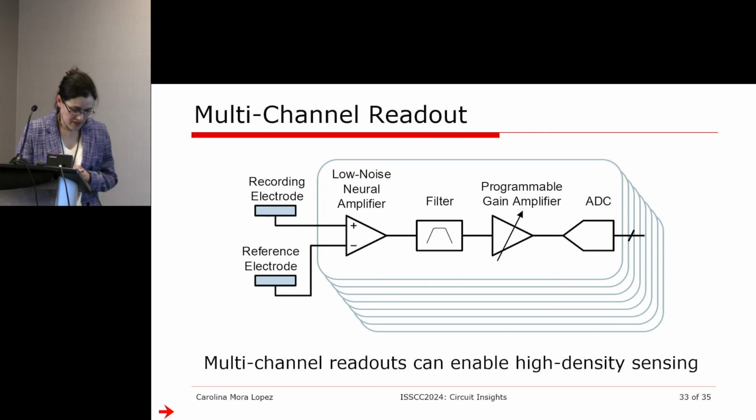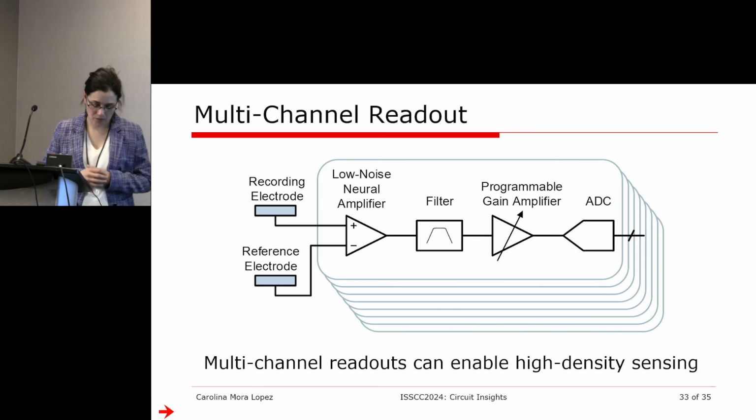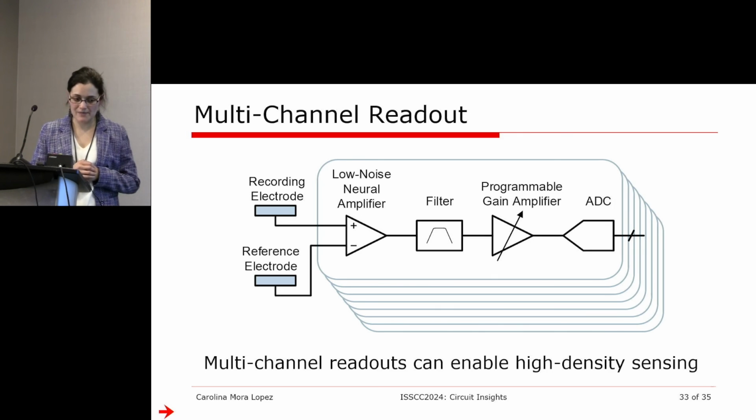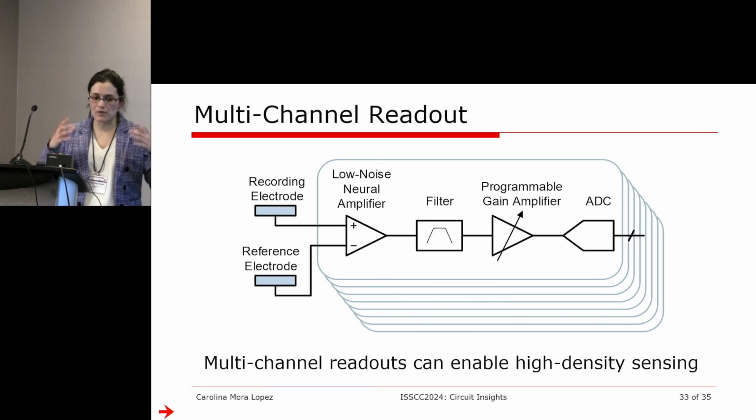Good. So now that we know what the total chain is, for certain applications, we also want to implement multi-channel readout. As I explained before, an example is neural interfaces, where you want to record from many brain regions at the same time with different electrodes.